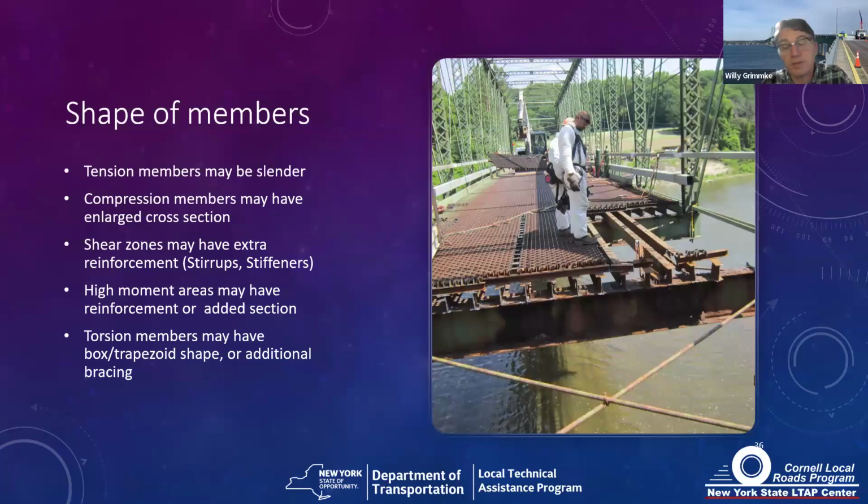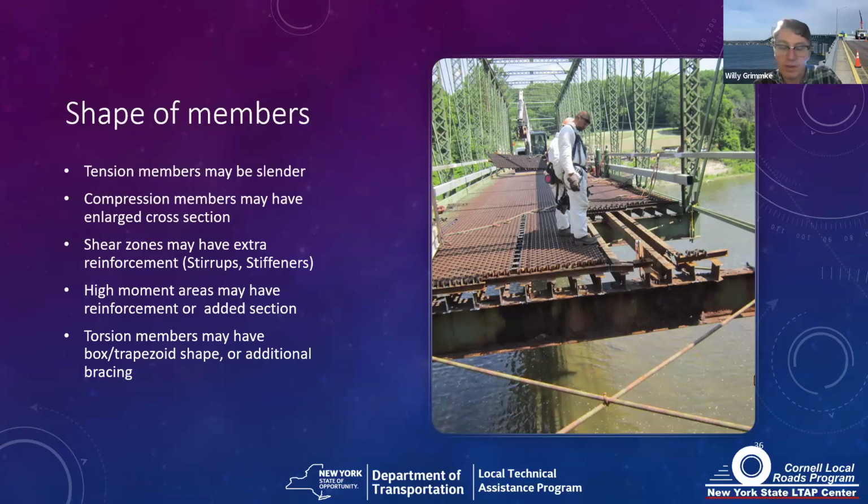If you put a compressive load on those, they would buckle. Compression members would tend to have an augmented or enlarged cross section to try and prevent buckling.